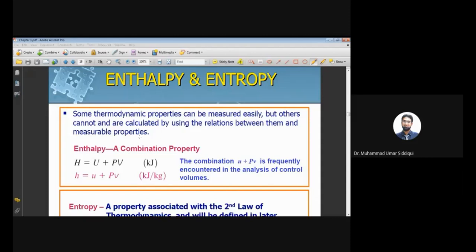Pressure is something that can do some work, and work has a unit of energy. When we signify water temperature, we represent it in the form of internal energy. So let's combine the two, the energy of the pressure and the internal energy, and give it a new name.